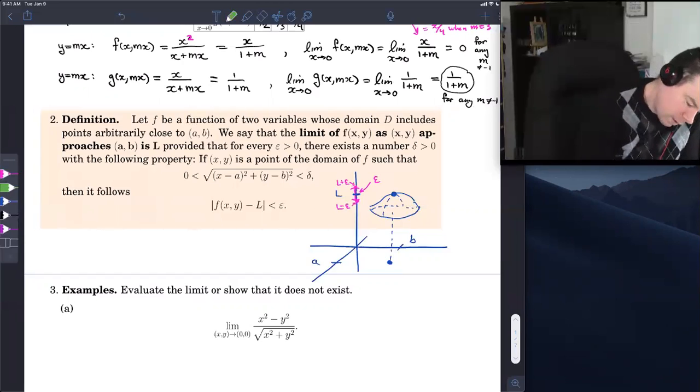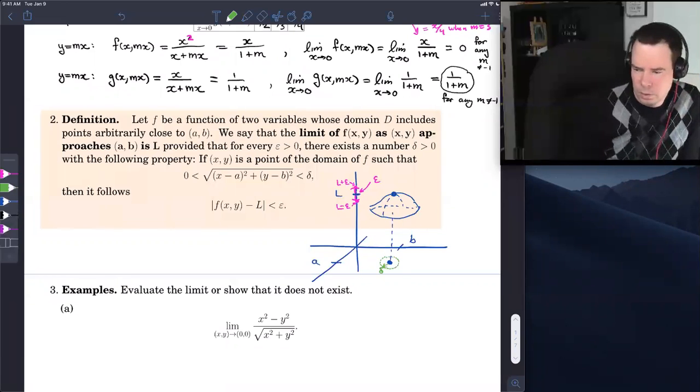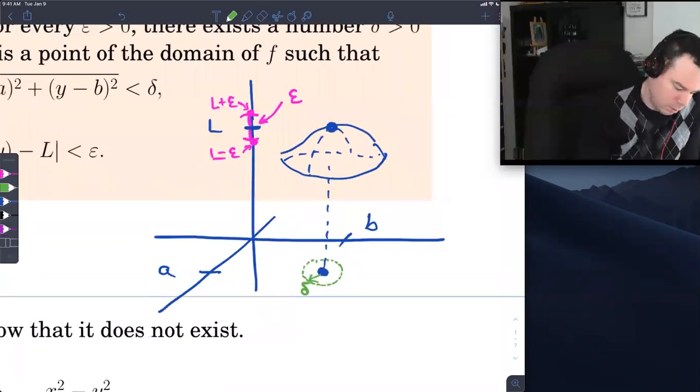So that's a question of, can I take a circle around (a, b) of some radius, which we'll call delta? I'll zoom in a little bit.